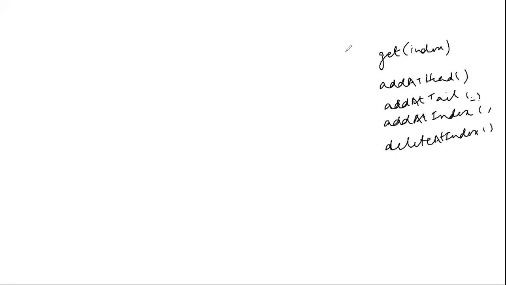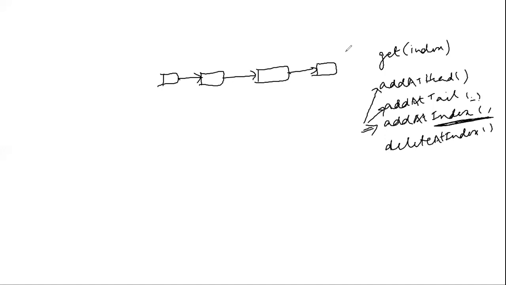Okay. So also, add at index is very generic. If you know add at index, then that should already lead you to add at tail and add at head. Suppose you have a linked list like this, it could be doubly, and somebody is asking you to add at a certain index, and you have this function already, somebody has written this.